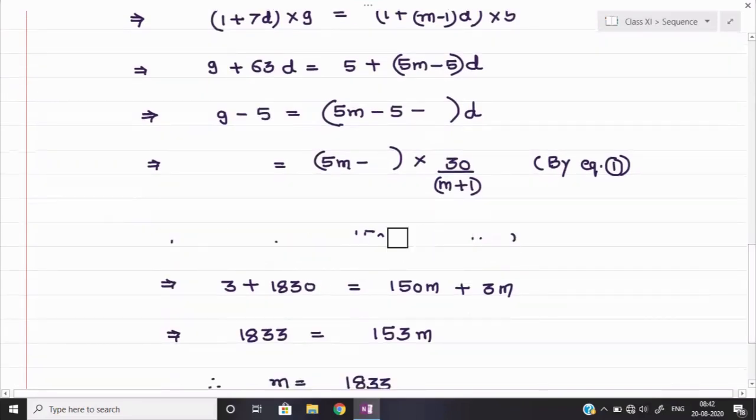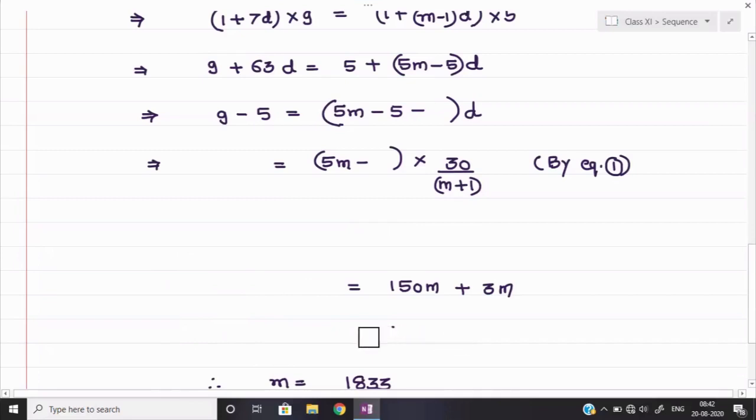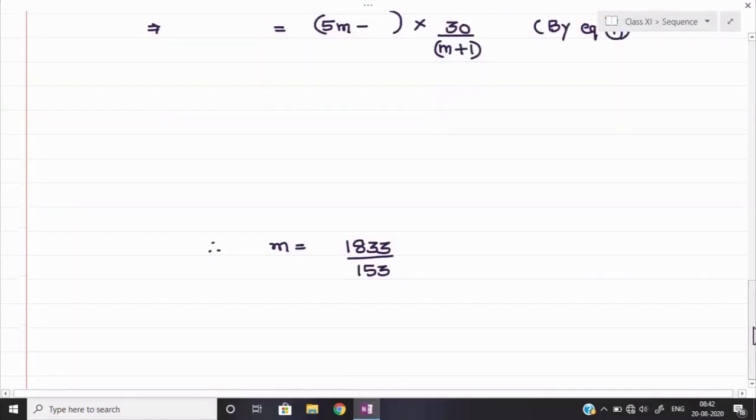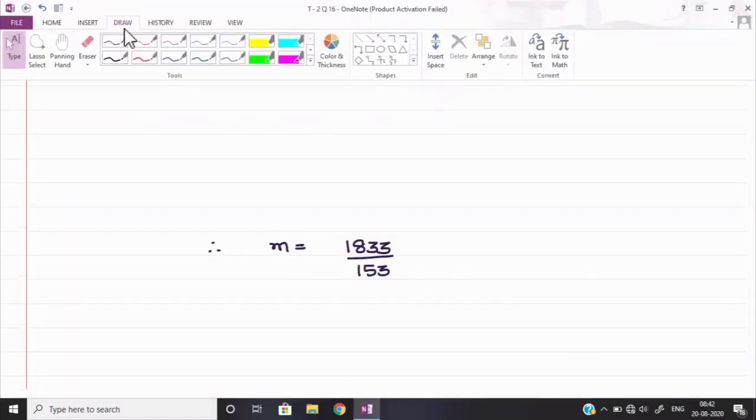Okay, one small mistake happened. At the last I came to know, yes, some mistake is there definitely, because 1833 is looking very odd figure that I have not seen earlier. No issue, we will make it correct, this one. Yes, once again let me rub this one, last part.